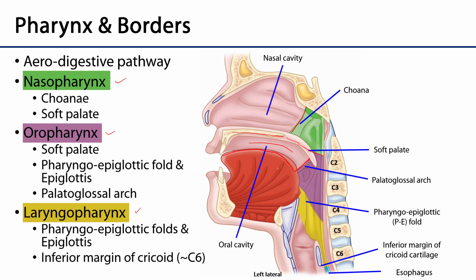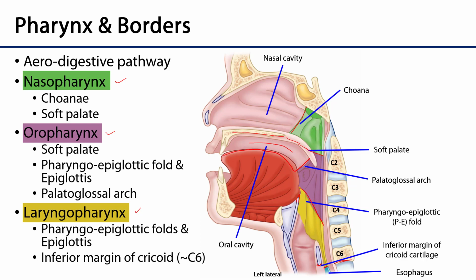The oropharynx is divided from the laryngopharynx by both the epiglottis, which is here, and the pharyngoepiglottic fold. So that separates those two spaces. And that laryngopharynx is contiguous distally down to about the inferior margin of the cricoid cartilage.